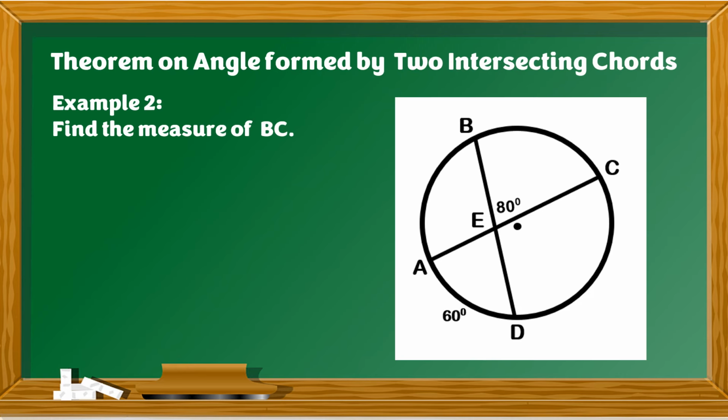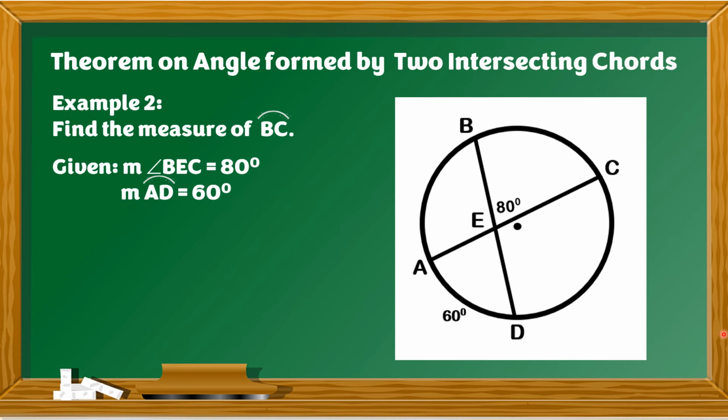Next, example number 2, find the measure of arc BC. So here we have the circle, and the chords of the given circle are line segment BD and line segment AC. The point of intersection between the two chords is point E. So first we're going to write the given.